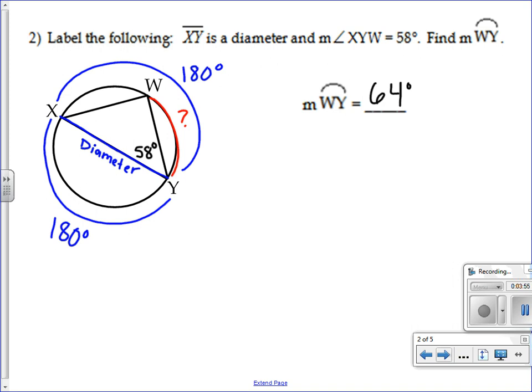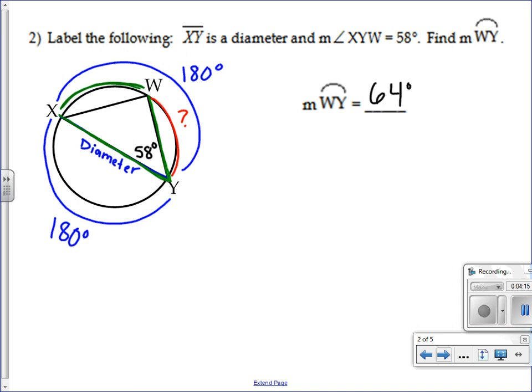So let's start with that given angle. I'm going to highlight angle XYW. So this is an inscribed angle. Whenever you have an inscribed angle, you want to think about its intercepted arc. So the arc that it's opening up to is XW.